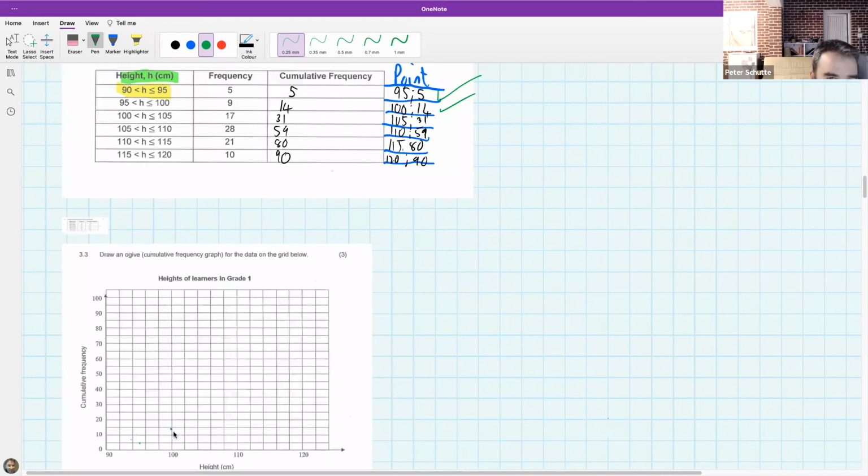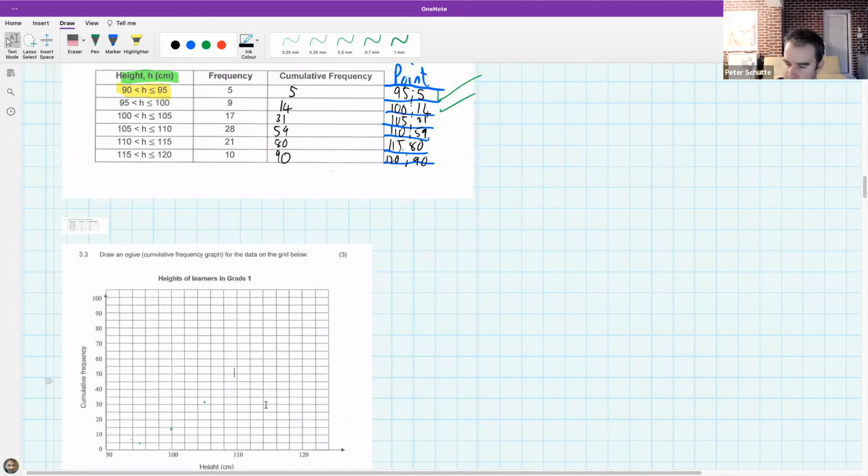And then 100 is 14, 105, 31. Yeah, there. 110, 59. There.